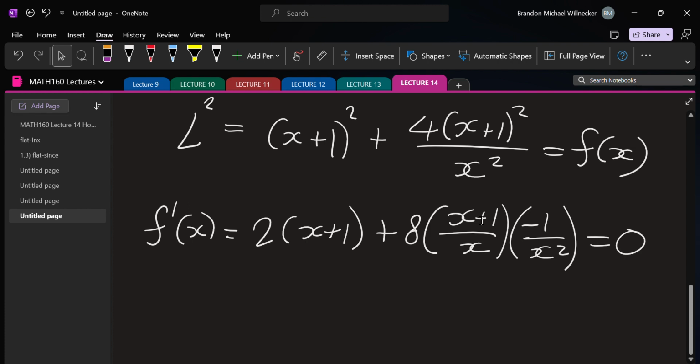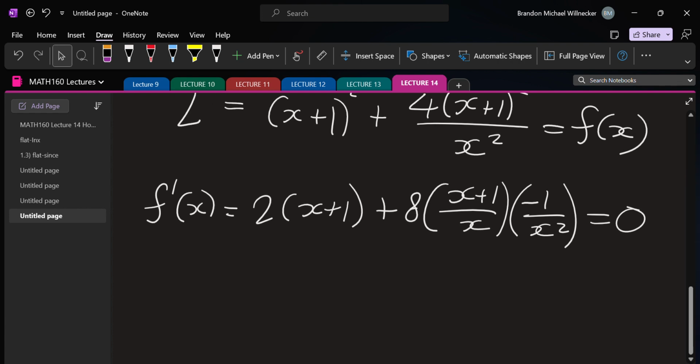We can solve for x. We've got x plus 1 over here, another x plus 1 over here. x plus 1 is certainly non-zero, so we can get rid of that and simplify. We end up with 1 minus 4 over x cubed is equal to 0. So the x plus 1s, we cancelled.